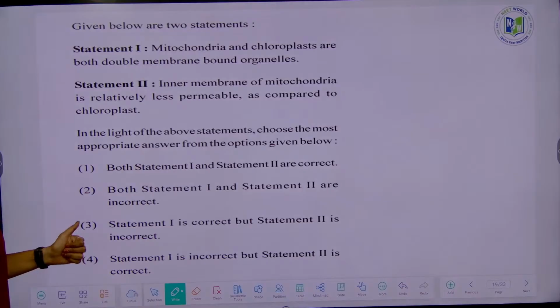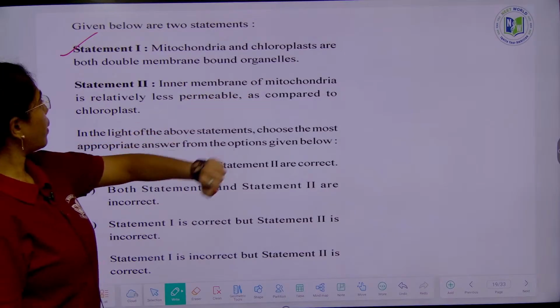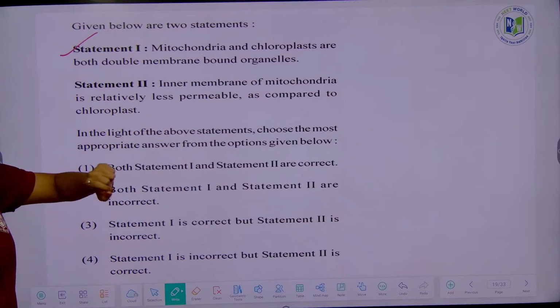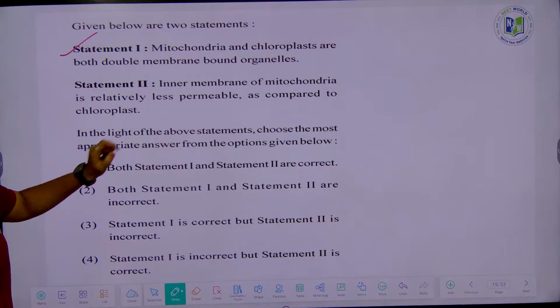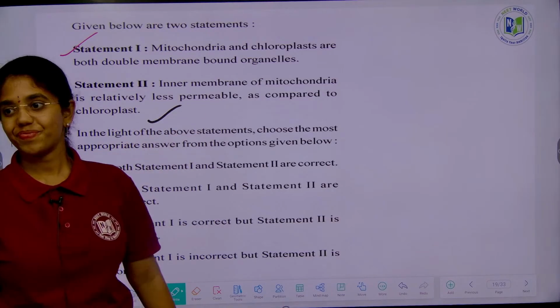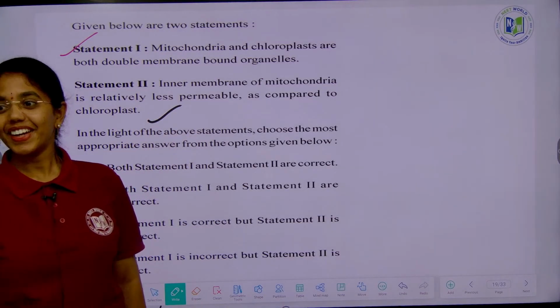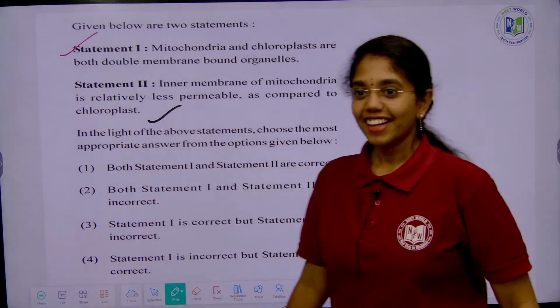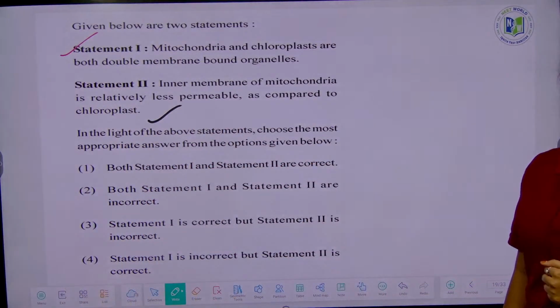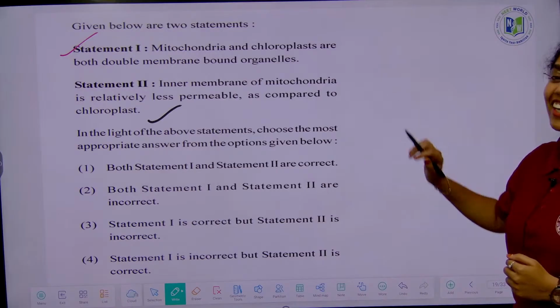Mitochondria and chloroplast are both double membrane bound organelles. True. Statement 2. Inner membrane of mitochondria is relatively less permeable as compared to chloroplast. Correct. That is why you should not be overconfident, just in a single look.